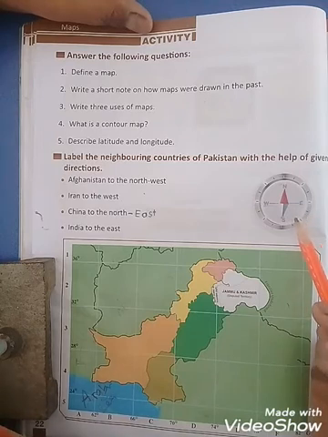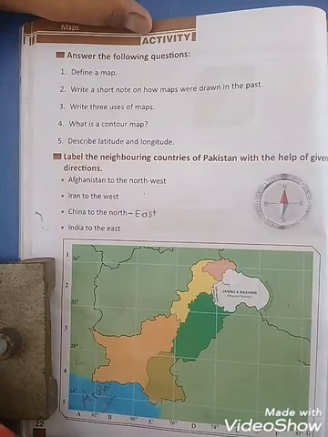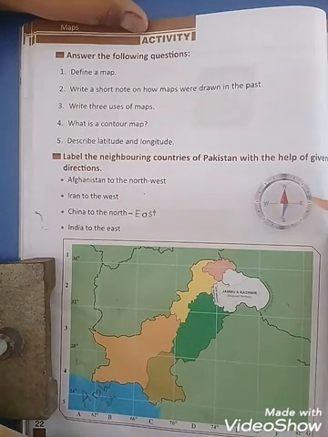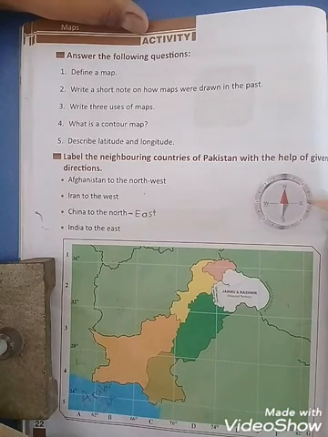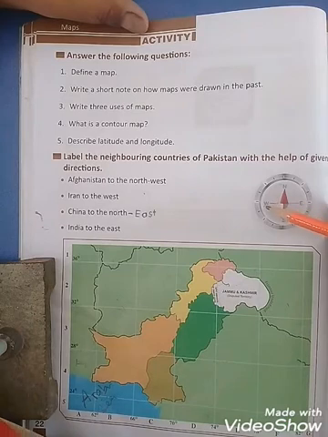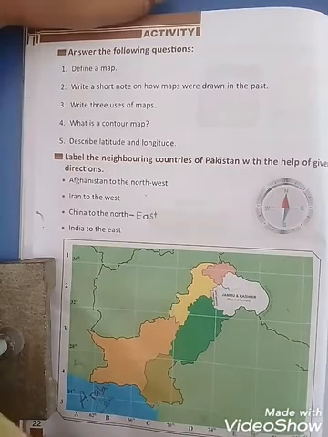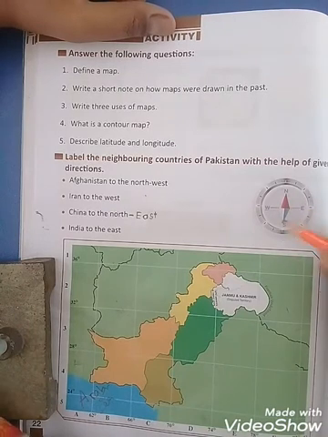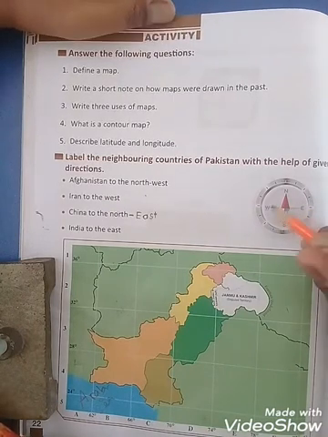Here we are given 4 sides in this direction: 1, 2, 3, 4. This is north, this is east, this is south, and this is west. This is Pakistan and surroundings are the sides.